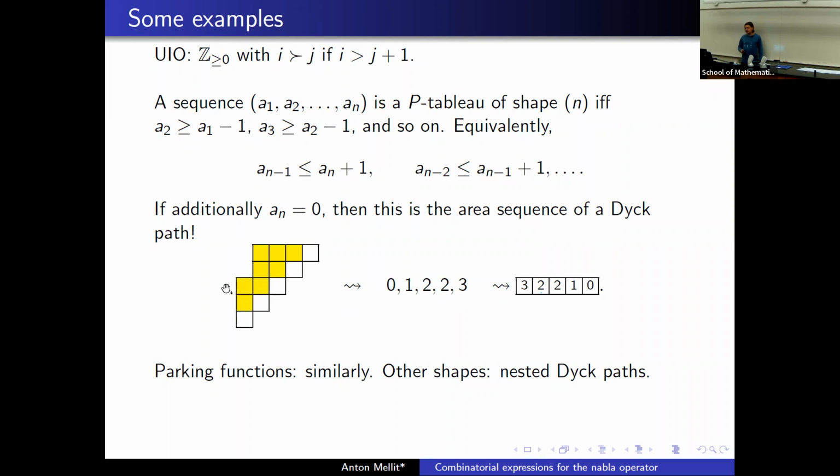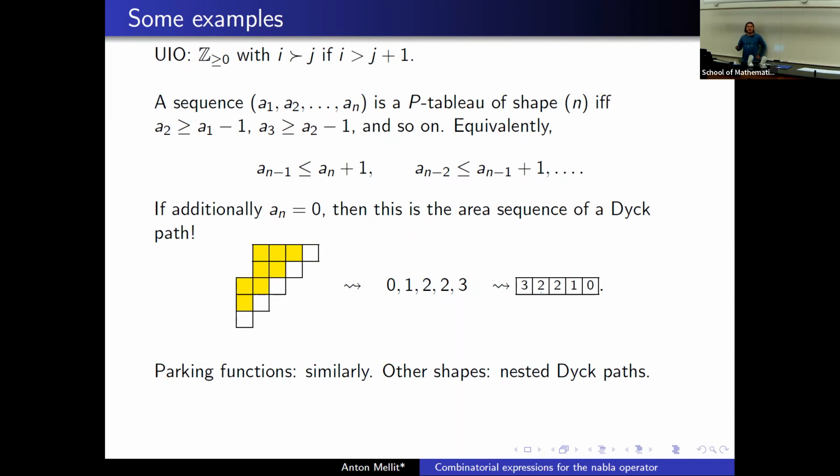Think about, for instance, this part here. This cell here corresponds to the area sequence value equal to 2 in this place. To have a nested path, you can use only this cell. You have to go like this. So the area sequence of the nested path must be at most 0.